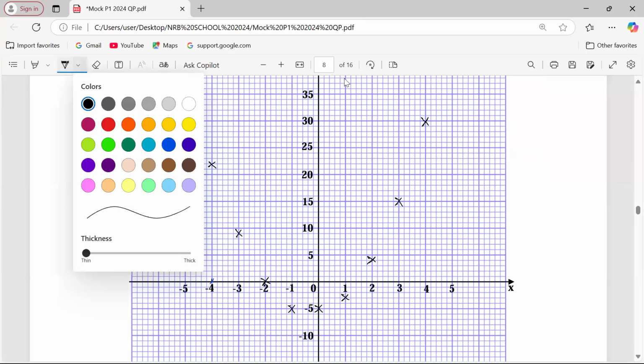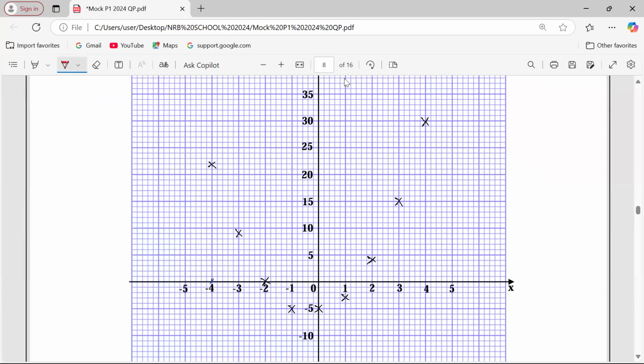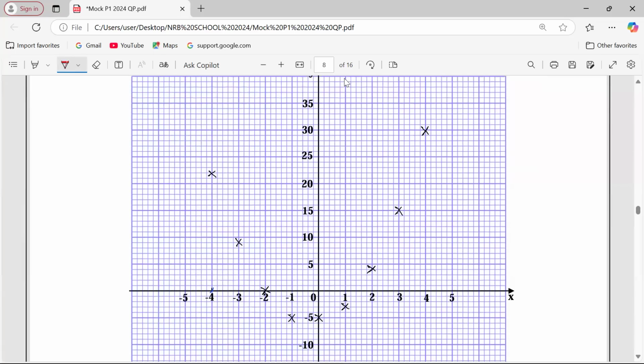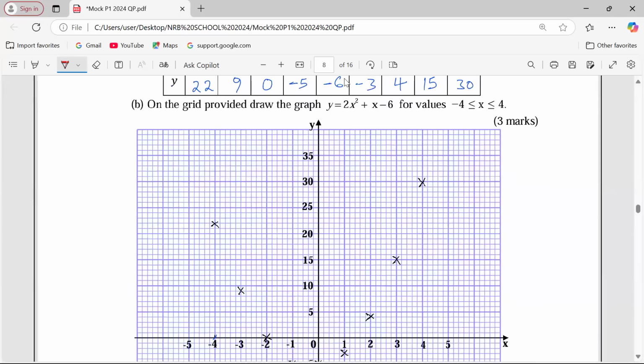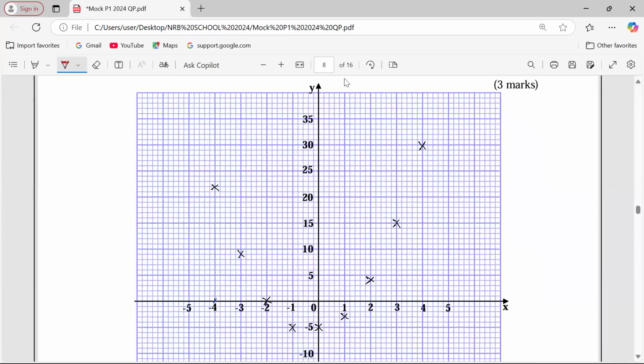Now we need to connect them using a very smooth curve to come up with the graph of the quadratic function shown there. So now I join using a very smooth curve, smooth and continuous.